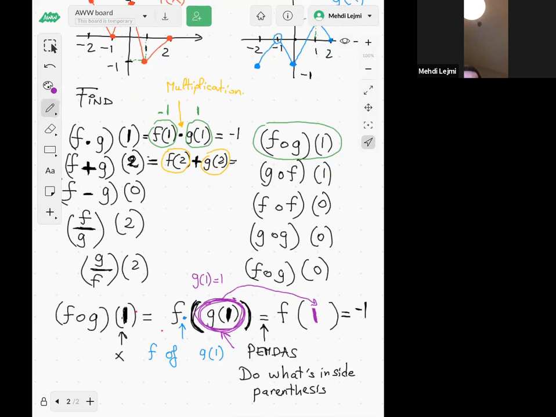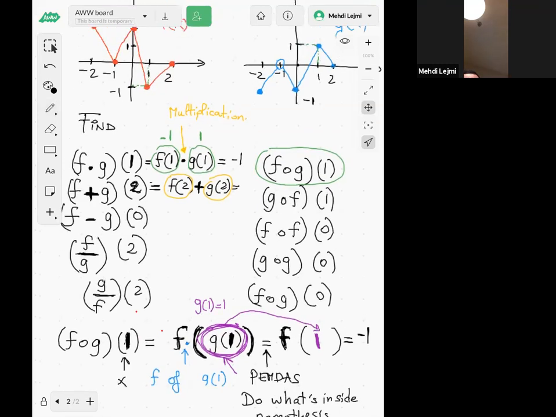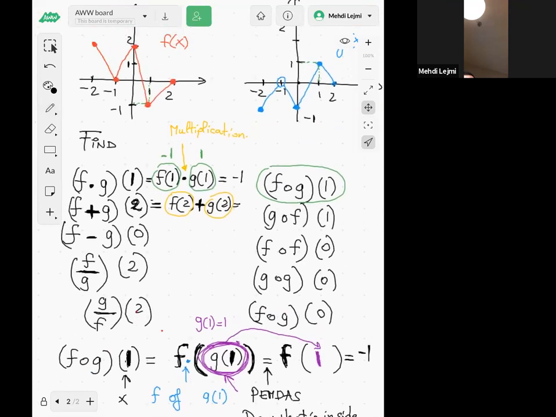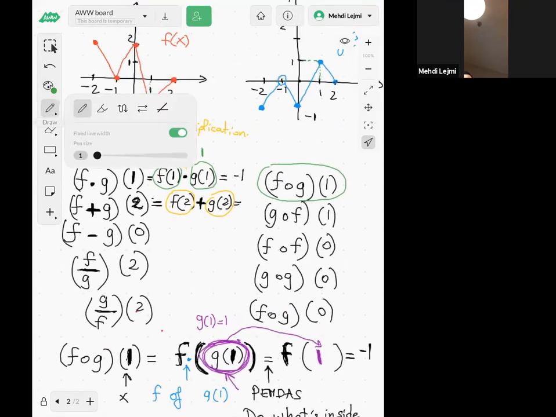So now I have to find f of 1, because I got 1 between the parentheses and there's an f outside. And f of 1, if you check the graph of f, is -1. As you can see from the graph of f, f of 1 is -1.